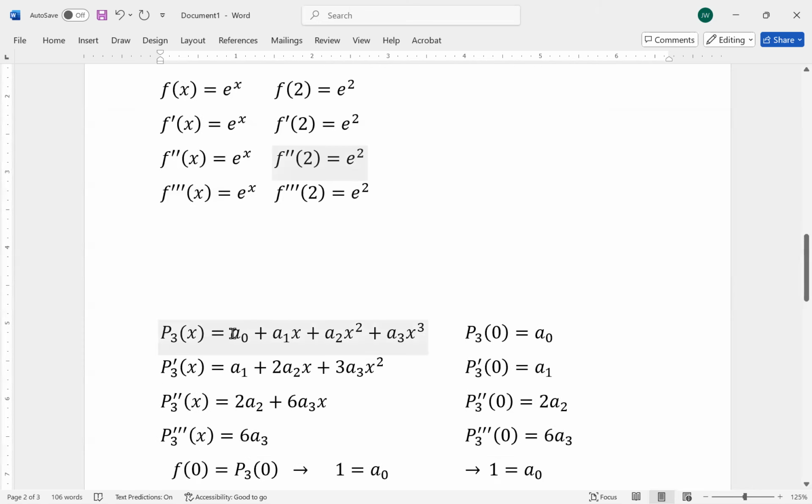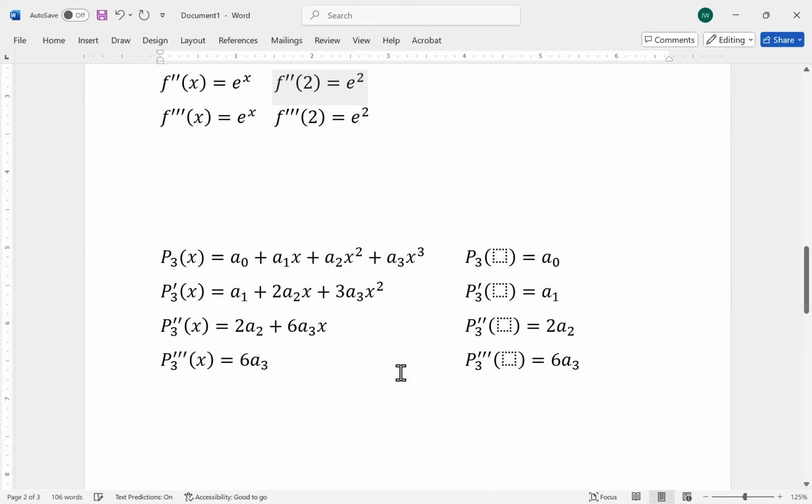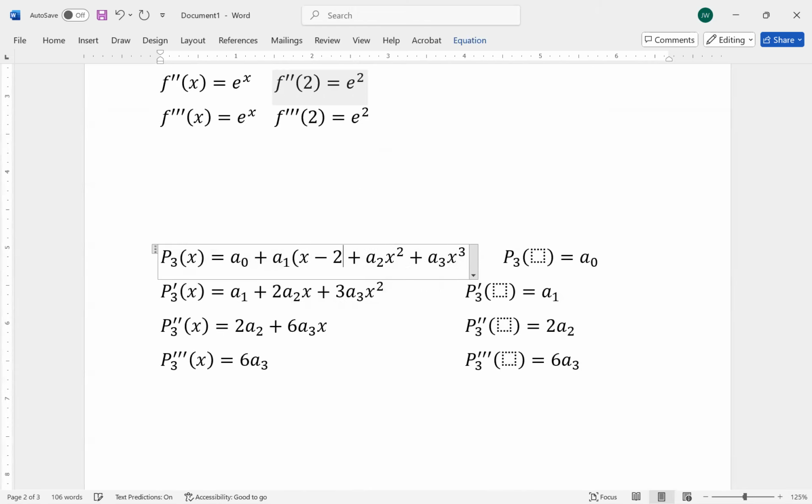Now, instead of using this polynomial, let me spread some things out first. Instead of using this polynomial, I'm going to replace every x I see with an x minus 2.